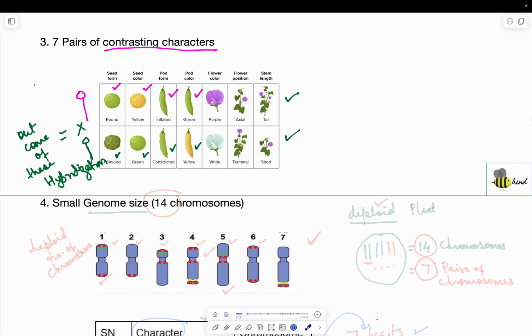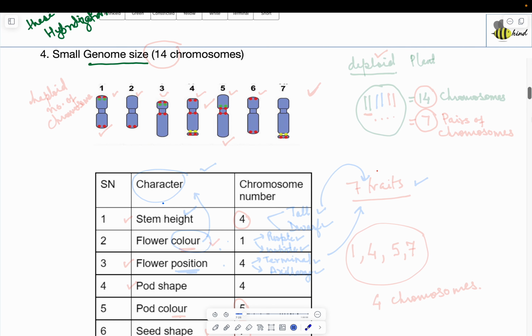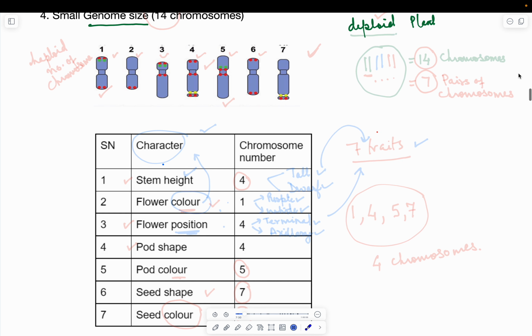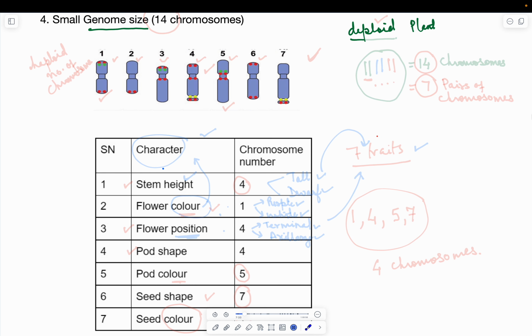The fourth reason was small genome size. Pea plant is a diploid organism. In the previous lecture I told you about diploid organisms. If you pick a cell of pea plant, it has a total of 14 chromosomes. Each chromosome is present in a pair. This is a pair of chromosome 1, right? This is the pair of chromosome 2. This is the pair of chromosome 3, and so on.